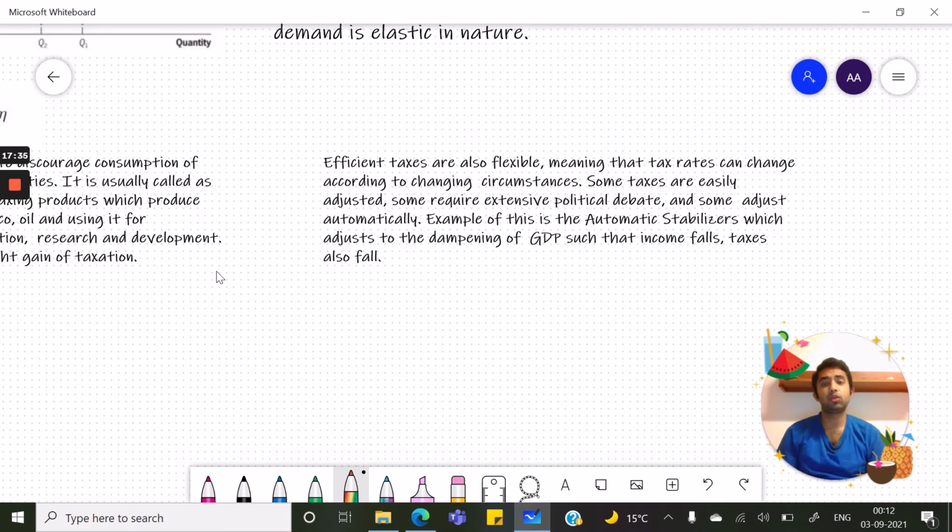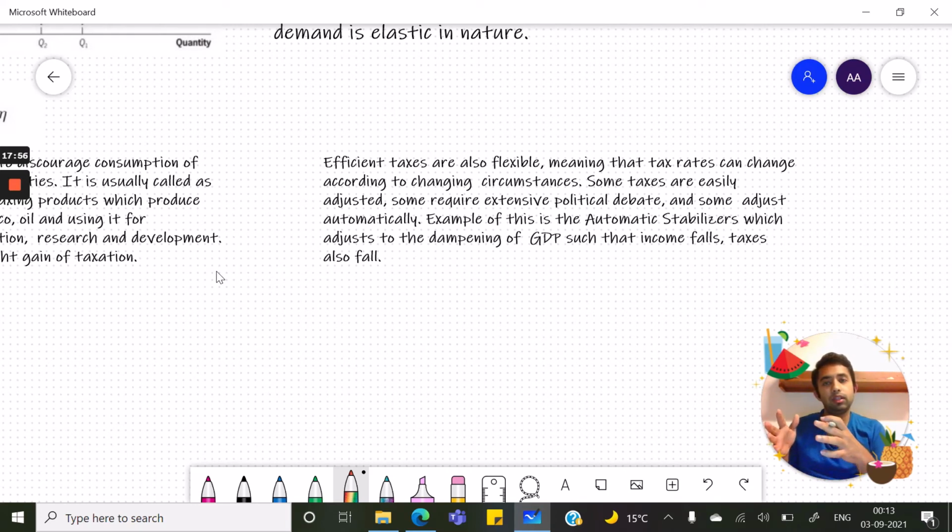An efficient tax system should also be flexible in nature, right? As we saw in the earlier points. So basically, the economic environment or the environment of any society is not static at all, right? The conditions keep on changing, and so does the tax system, right?